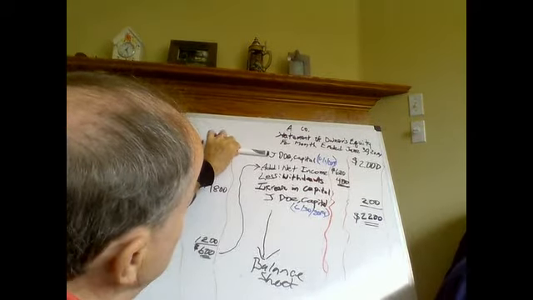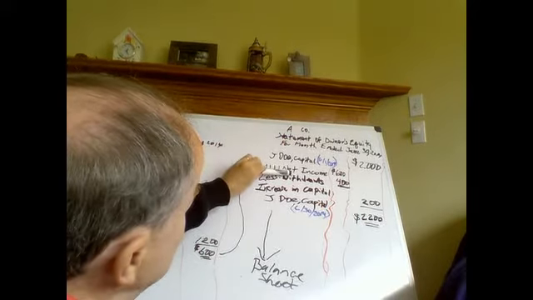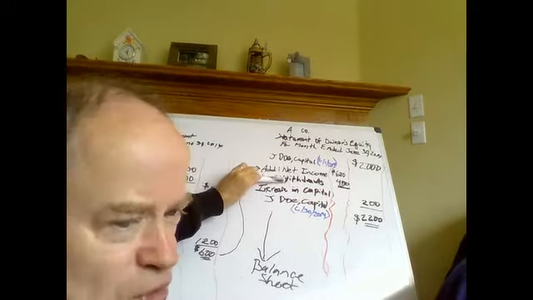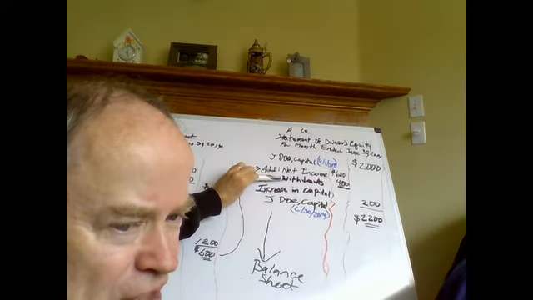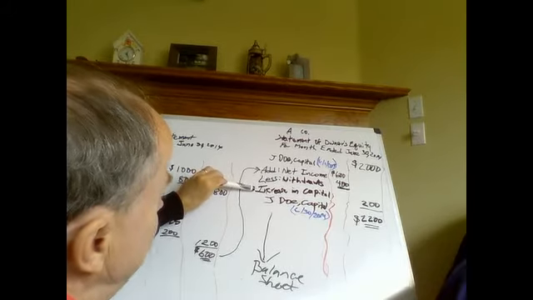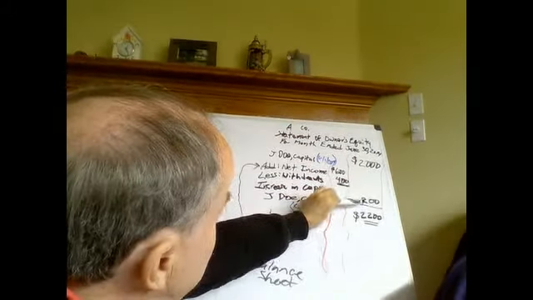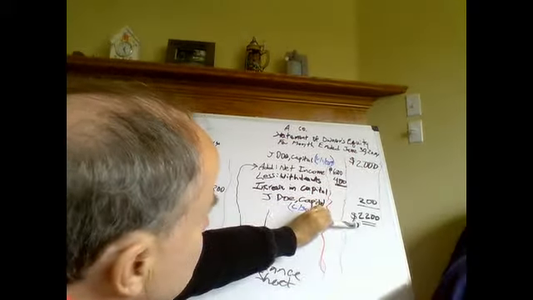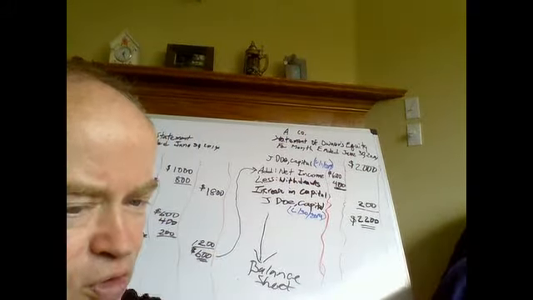We always start off with the beginning capital, add the income or deduct the loss, deduct the withdrawals, which is money that the owner has taken out of the business for personal use. And then the increase or decrease in capital goes over here, and then J. Doe capital at the end is here, and then that goes on over to the balance sheet.